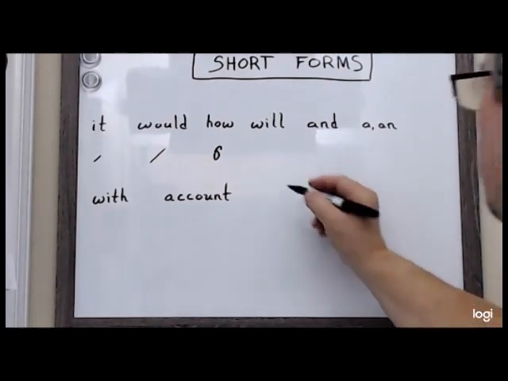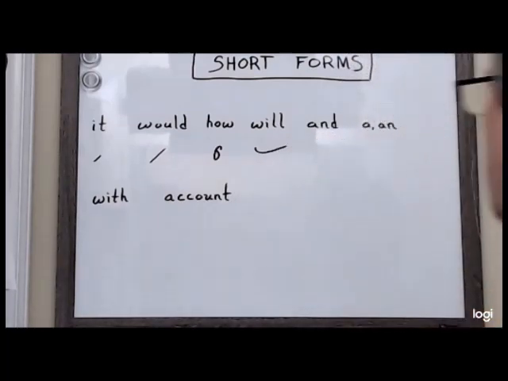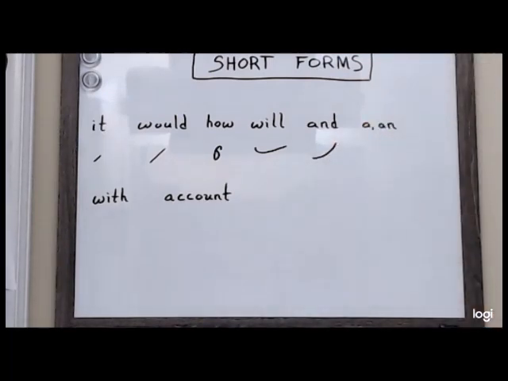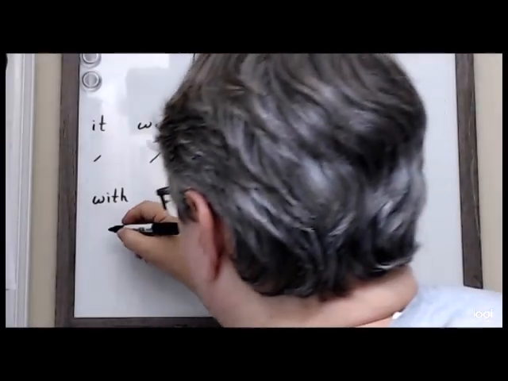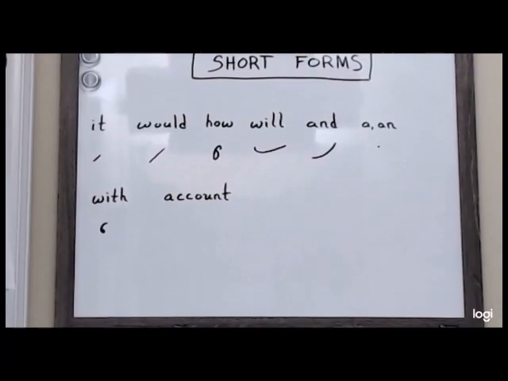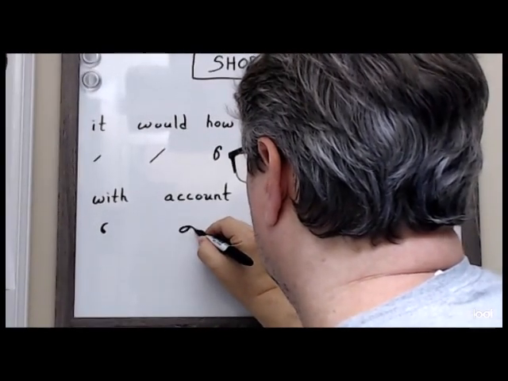The word will is just the letter L. The word and is just the ND stroke. The articles a and an are the dot by itself. The word with is represented by the E and the TH strokes. And the word account is just A, K, and T.